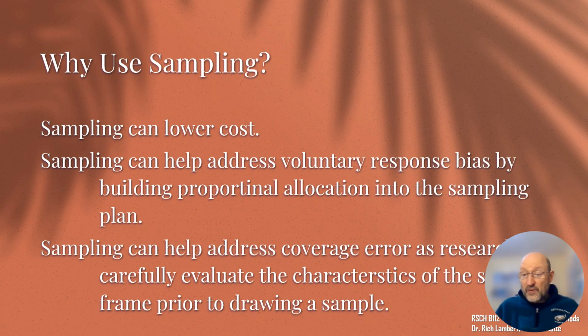Then you can use what you've learned in designing the sampling plan so that you can intentionally adjust how much you sample from that sampling frame for different subgroups, especially when those subgroups are not represented in the sampling frame in the proportions that they should be because of coverage error.